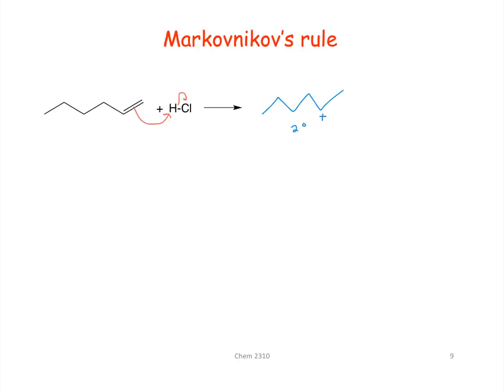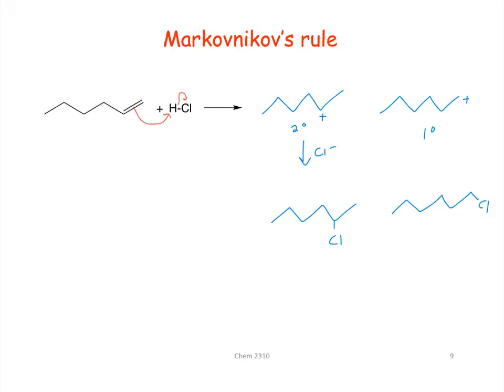If we add the H to the middle carbon, the interior one, then we're going to get a plus out here, and we'd have a primary carbocation. And then chloride could react with these, and we get a chlorine here, or chlorine over here.